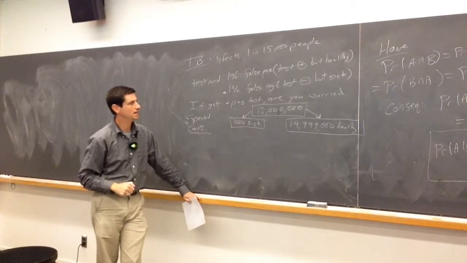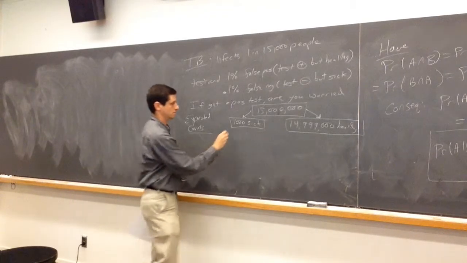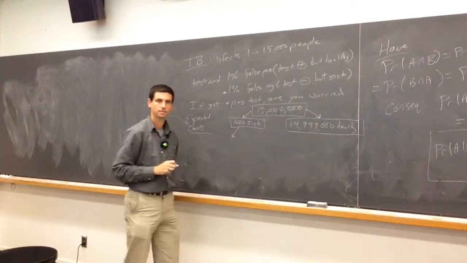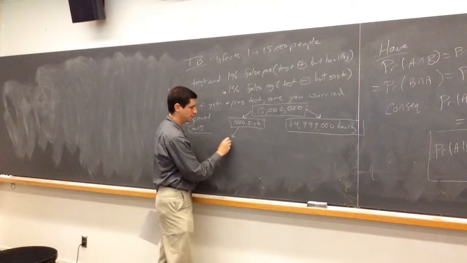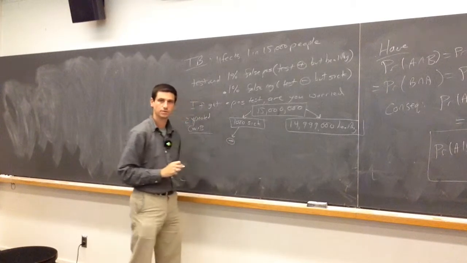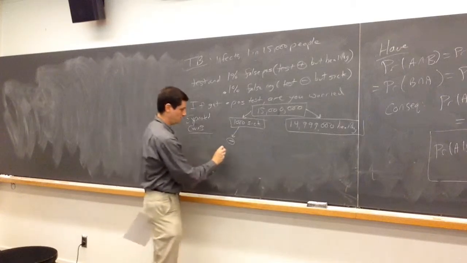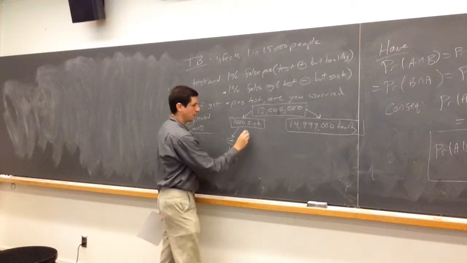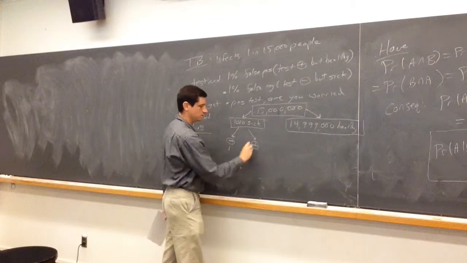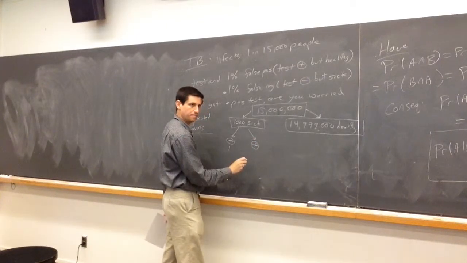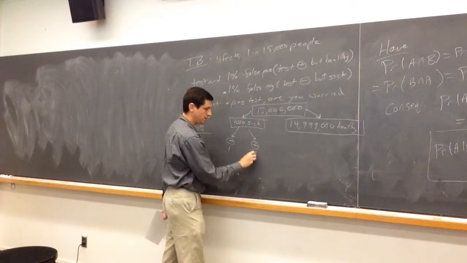How many of the people are sick but test negative? So how many will test negative? One. One person. How many will test positive? 999.